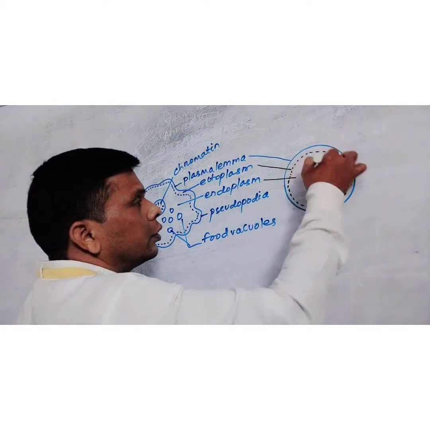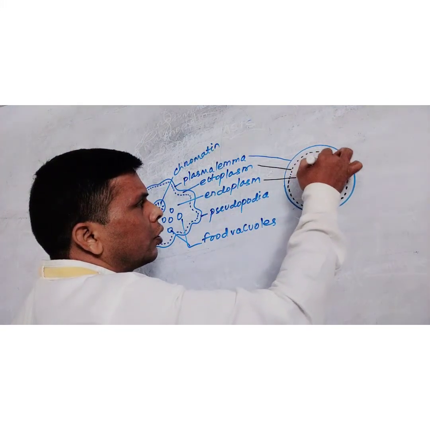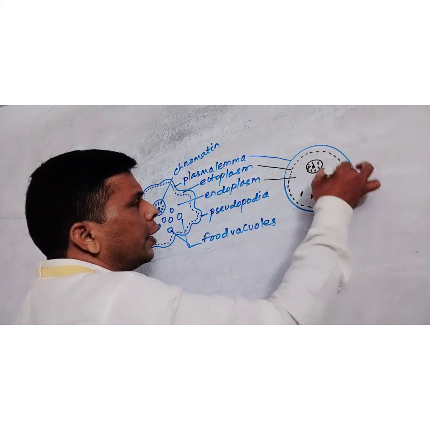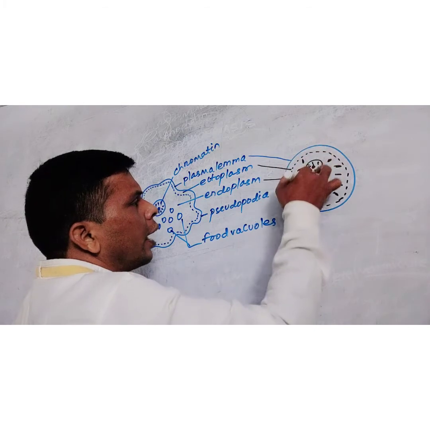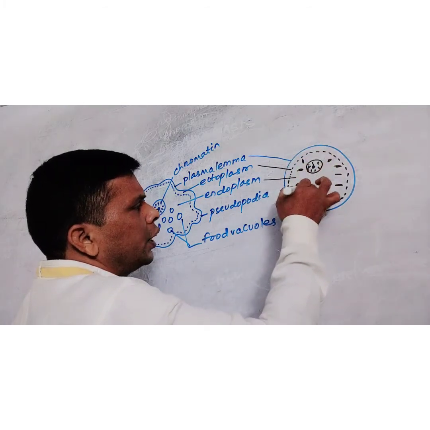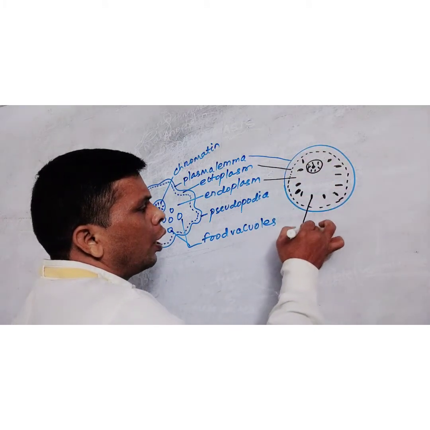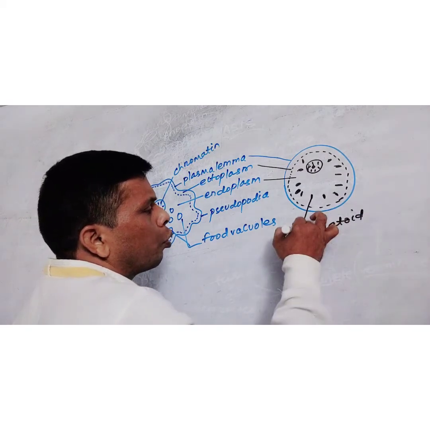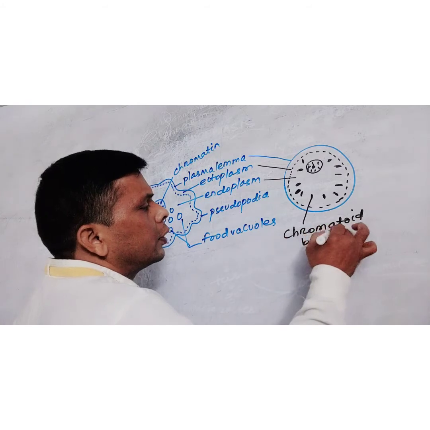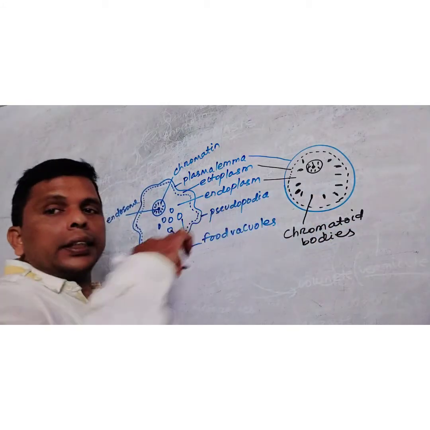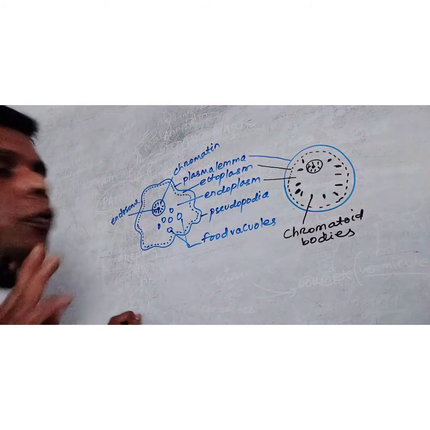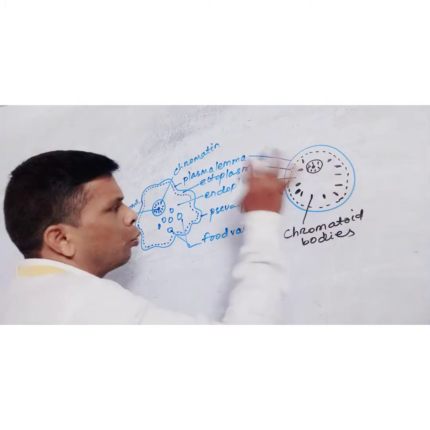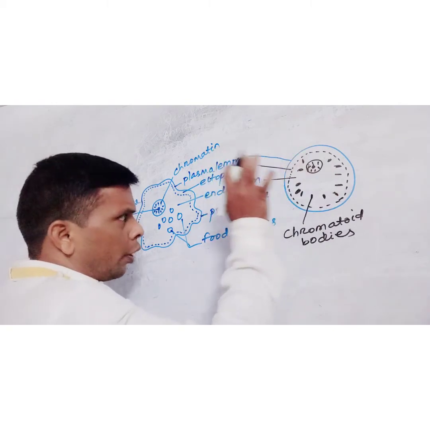There is a nucleus at the center, and in this stage there are exceptional cylindrical bodies called chromatoid bodies. These chromatoid bodies are responsible for the formation of the cyst. All other structures are similar; no vacuoles are found because it is not a feeding stage.